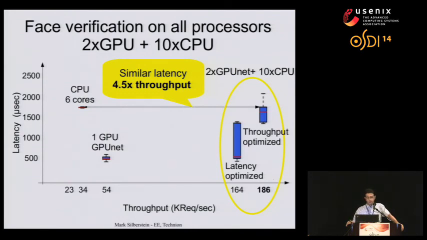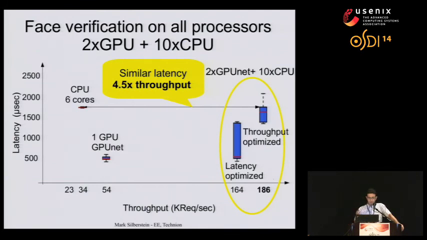What is important to note here is that even the throughput optimized version has more or less the same latency as the version running on CPU cores, but it achieves 4.5x throughput improvement, which is equivalent more or less to 27 CPU cores running on this machine.